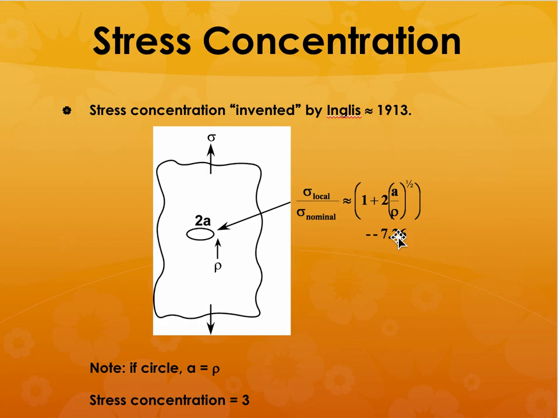Then sigma local divided by sigma nominal is going to be approximately equal to 1 plus root 2, so approximately 2.4, approximately 2.5 times. So your local stress is going to be 2.5 times that of the nominal stress. And if your local stress is going to exceed the failure strength of your material, it's going to fail.